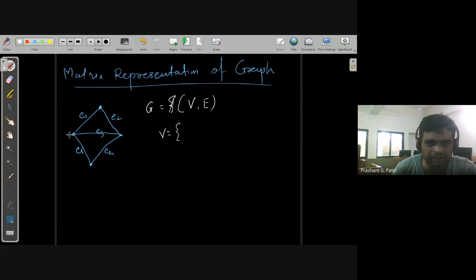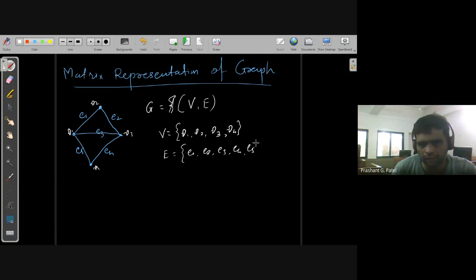Let me say it is V1, V2, V3 and V4. So that's represented in this manner. And the 5 edges which we have are E1, E2, E3, E4 and E5.